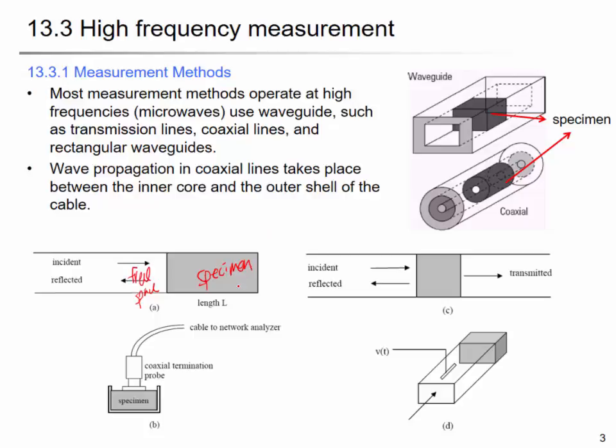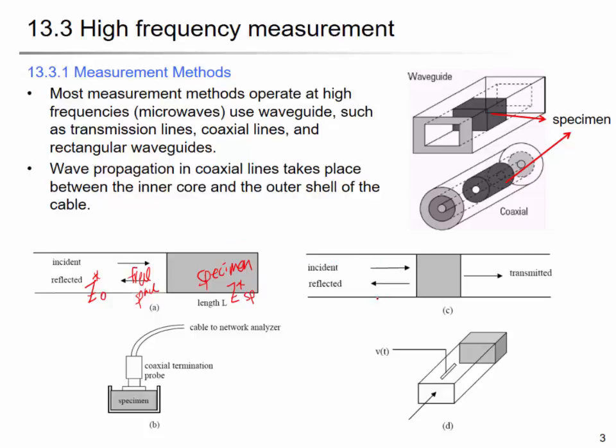Because of the impedance difference, this is the impedance of the specimen, and this is the impedance of the free space. Then you have a reflective wave, and by comparing the magnitude and the phase shift between the incident wave and the reflective wave, you can calculate the complex impedance. Okay. So that's the same principle that we have learned for the low frequency measurement.